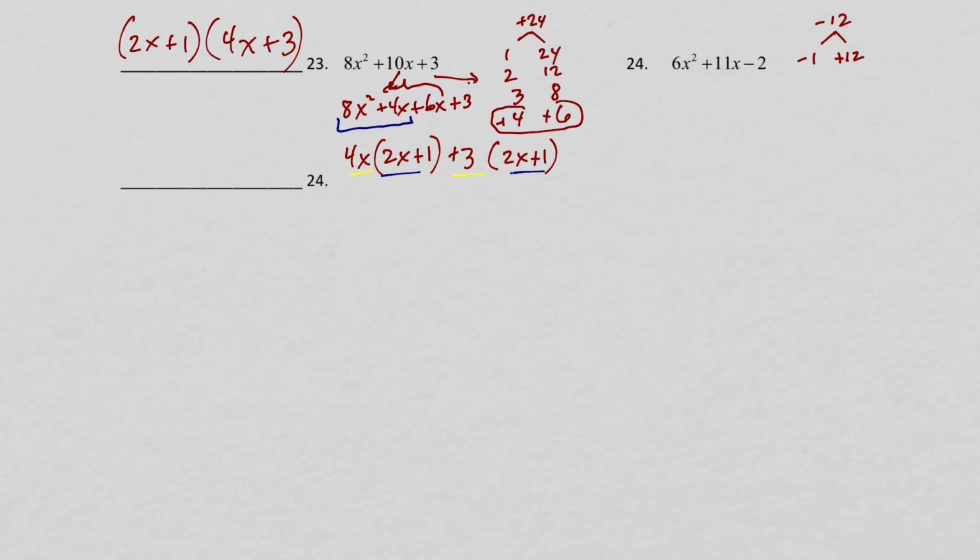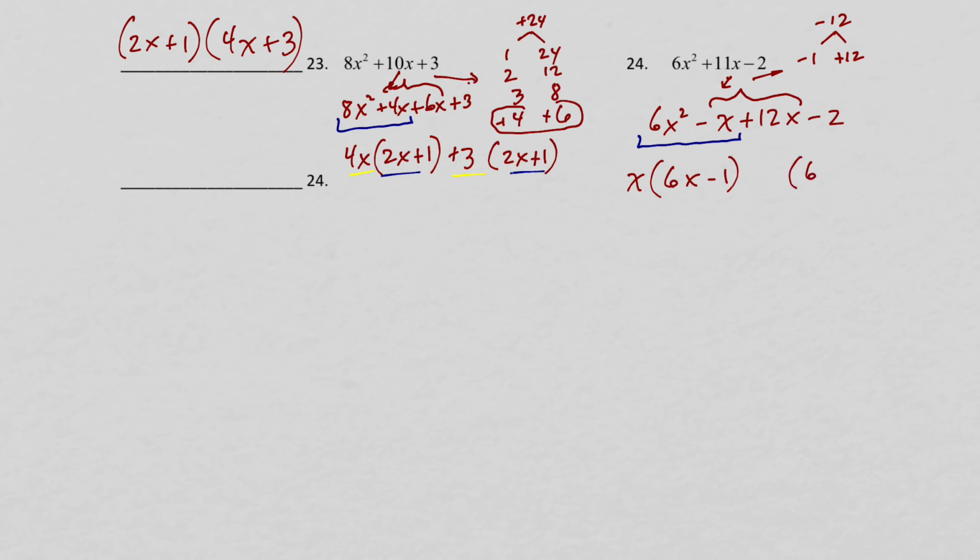So now let's write this middle term with those in mind. So I have 6x squared minus 1x plus 12x minus 2. These are my 11x that I got from those there. I'm going to factor those two first, and I'll pull out an x, and that leaves behind 6x minus 1.